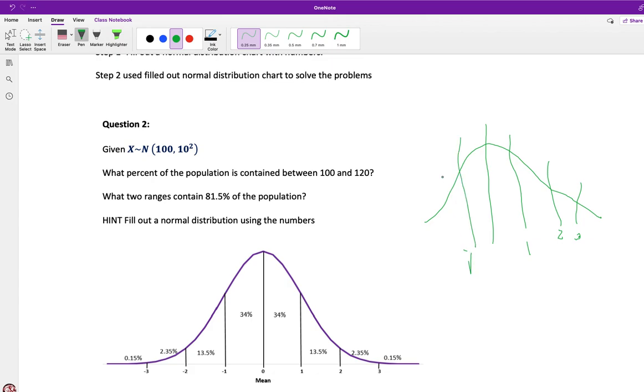This would be -1. Yours will look better on your page, but just sketch something out like this. These percentages are something you need to put to memory. You need to have these in your memory bank. I would sketch this out and then apply the information they give you here. So pause the video here and see if you can fill out this normal distribution using the information given.